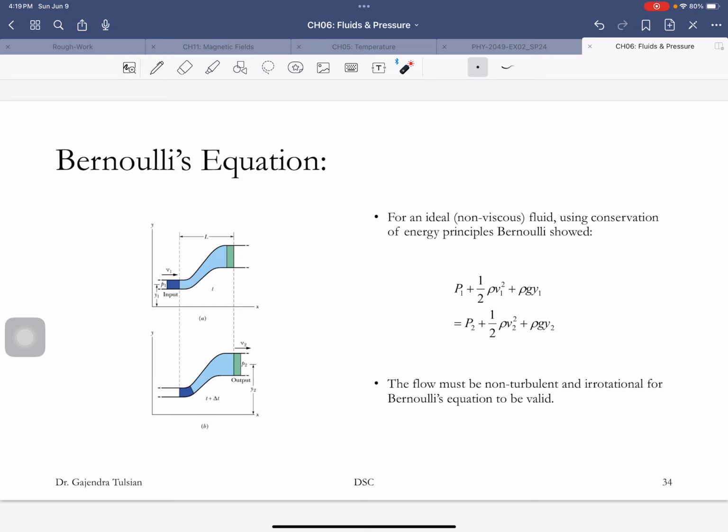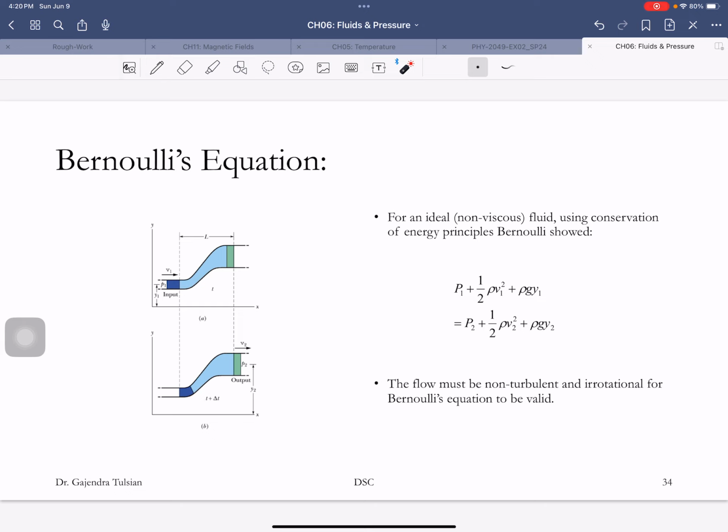All right. So what Mr. Bernoulli found was the pressure at any given location, and here is the kinetic energy per unit volume, and this is the potential energy per unit volume. So the sum of these three terms is constant. The sum of those three terms is the same wherever you go in the fluid. Okay, and this is Bernoulli's equation.